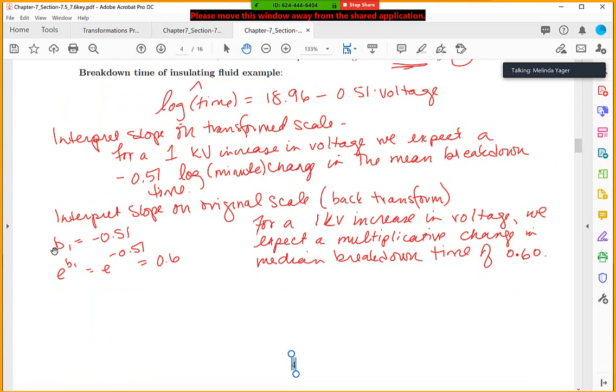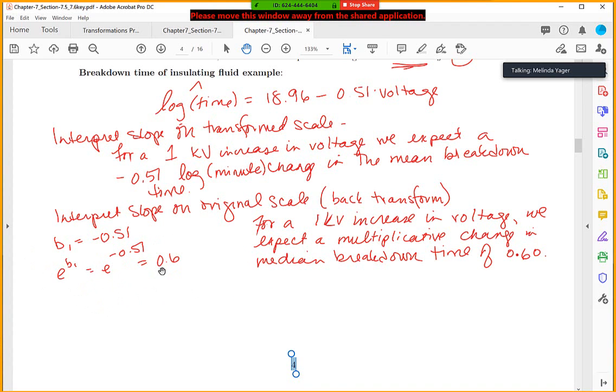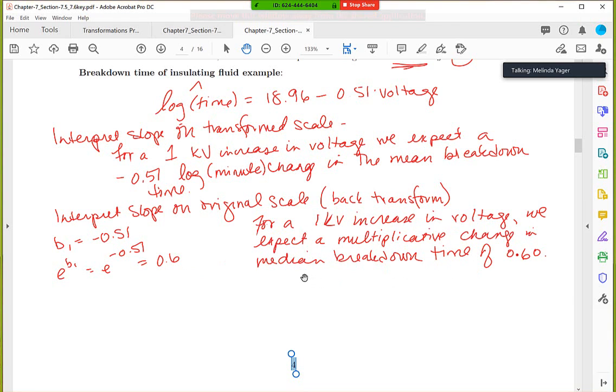So when we have the log of the response variable transformation, we take e to the slope. So e to the power of negative 0.51. You can do this calculation in R, and that gives me a 0.6 value. So we know for a 1 kilovolt increase in voltage, for a 1 unit change in X, we expect a multiplicative change, because that's what we see when we're looking at a transformation of the response, in median breakdown time.